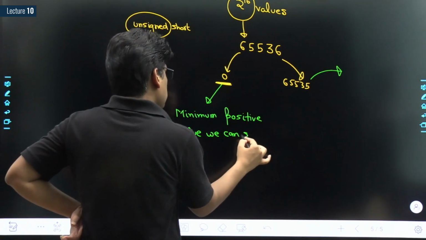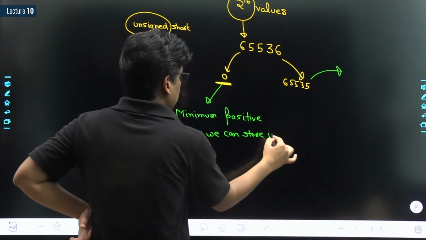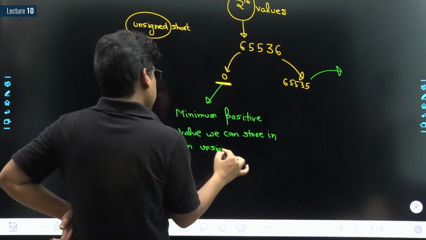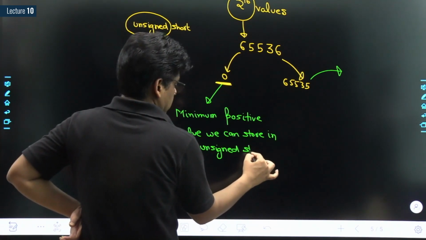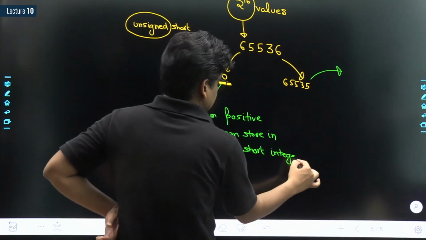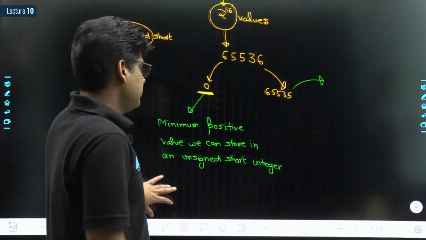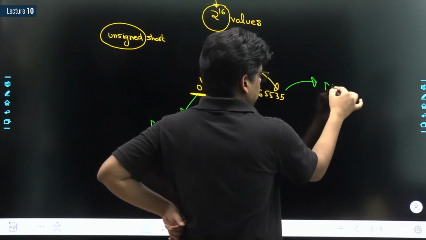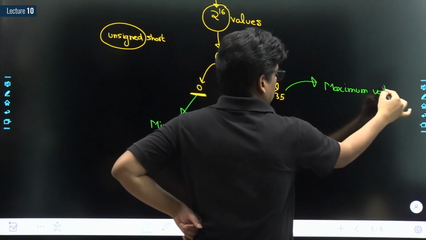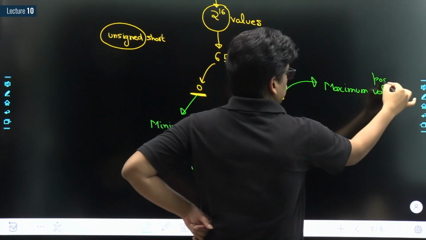We can store in an unsigned short integer data type. And what is the maximum value we can store? Sir, this is the maximum positive value.